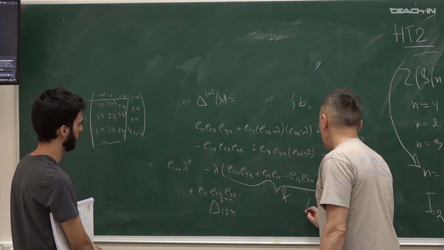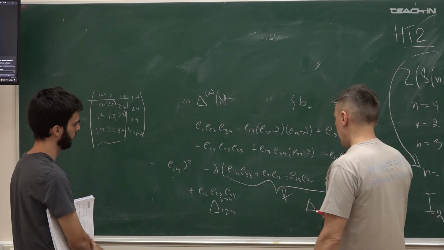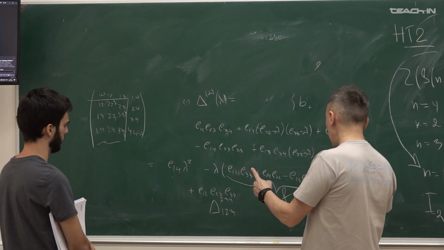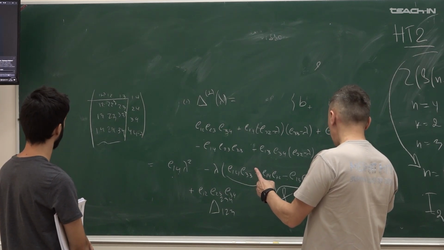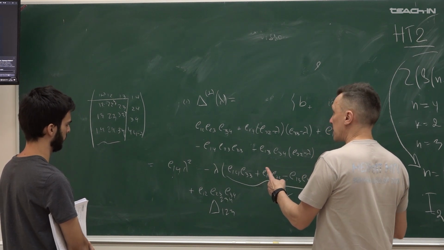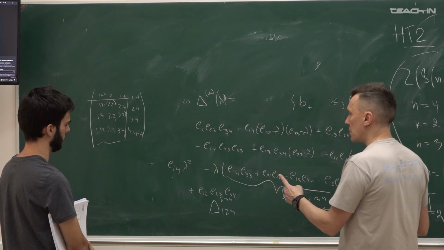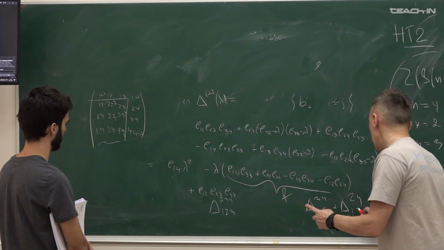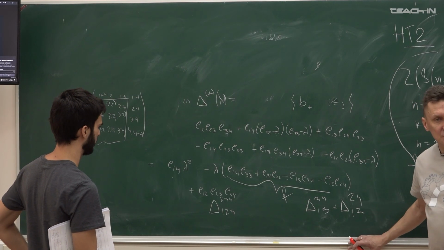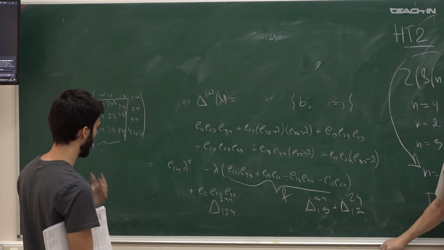But first of all, there is a good formula for this expression. It is E delta 3, 4, 1, 3 plus delta 1 plus delta 2, 3, 2, 4, 2, 4, 1, 2. Do you agree? So all this expression is the sum of minors.